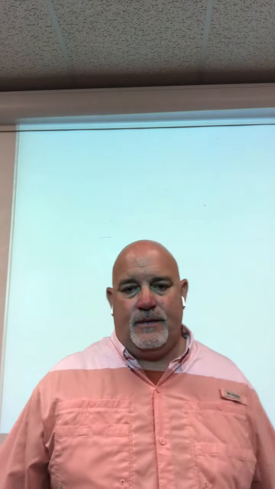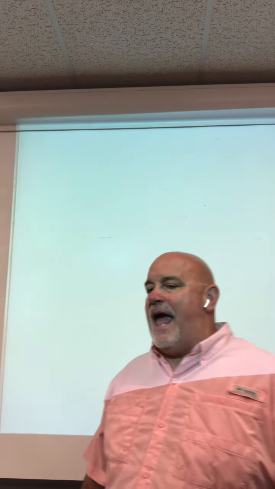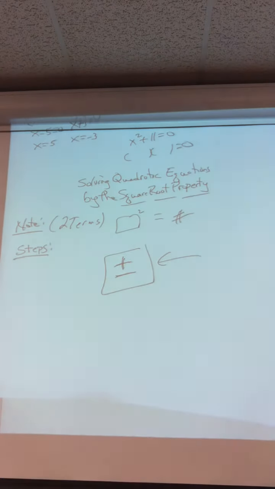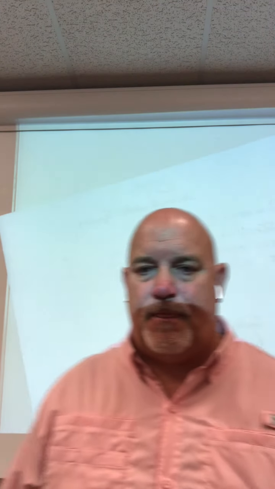Step 2: Take the square root of each side and introduce the plus minus symbol. And that plus minus symbol looks like this. And then step 3: solve for the two solutions.